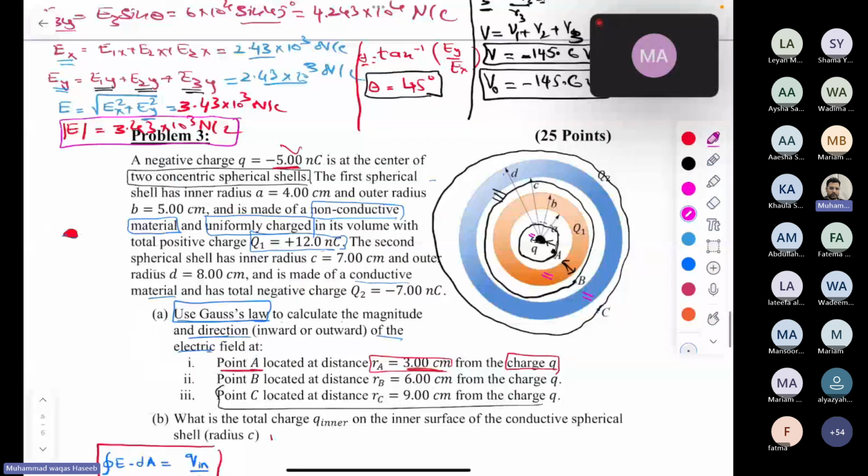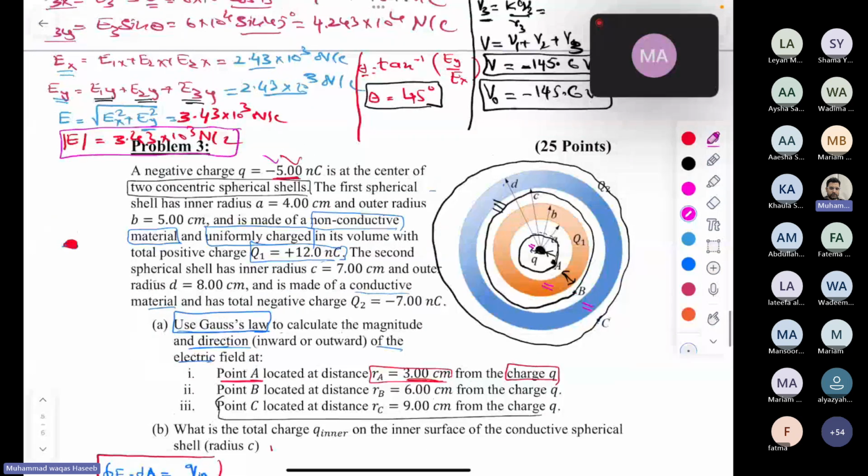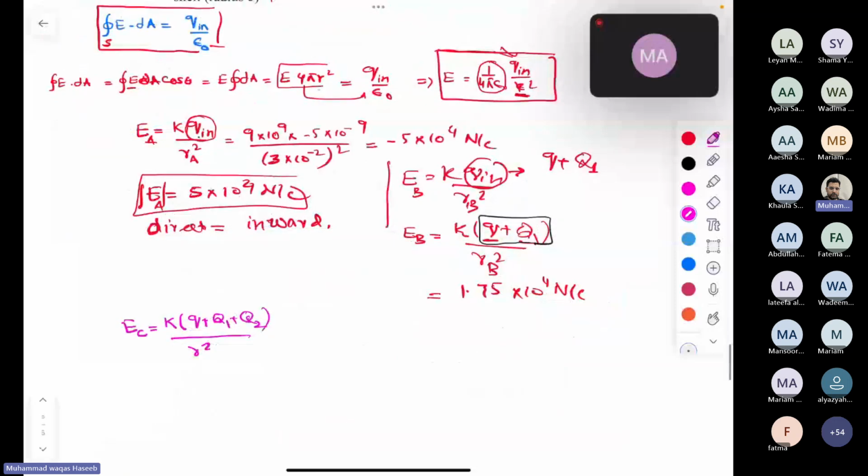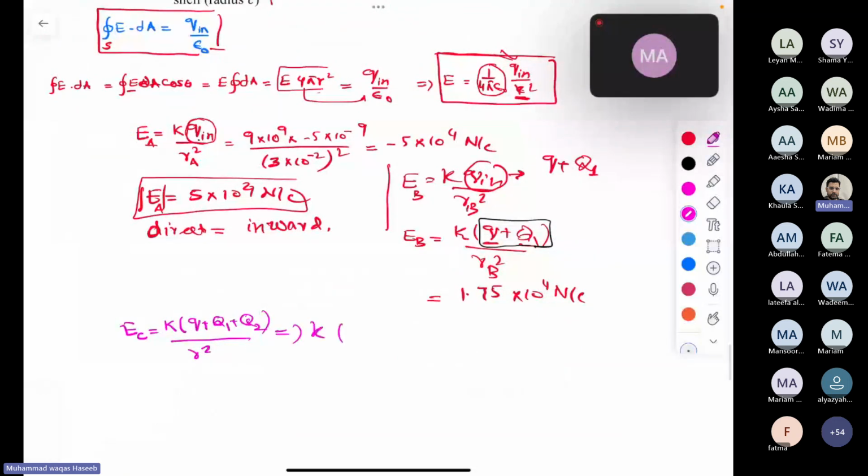So if you see, Q is -5, Q1 is 12, and Q2 is -7. So -5, 12, and -7 nanocoulomb, that is -5 times 10 raised to power -9, plus 12 times 10 raised to power -9, and -7 times 10 raised to power -9, over RC.